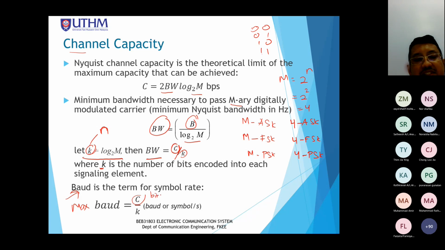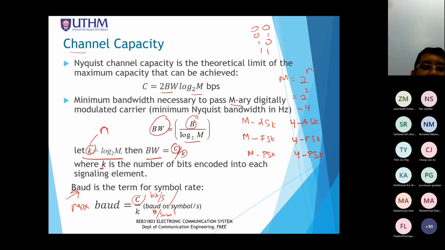So this is bits per second divided by bits per symbol. What you will produce is symbols per second.